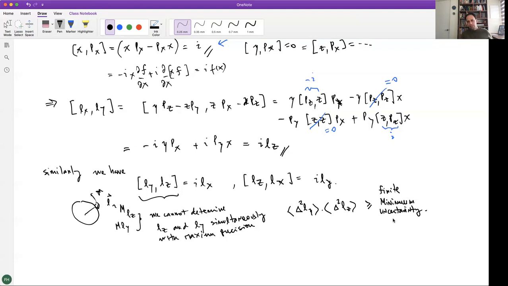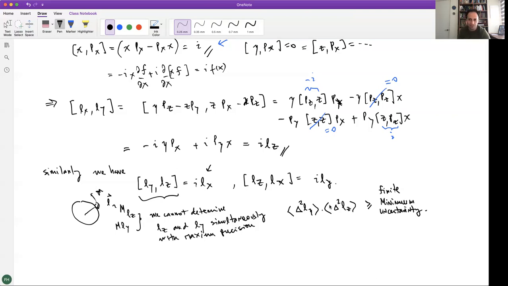And then you will see in your assignments that this is basically determined by the expectation values of LX. So really the 3 components cannot be determined simultaneously. That's all this means, right? And so you can determine with very high precision where the L vector is along Z, but then you know nothing about X and Y, for instance.